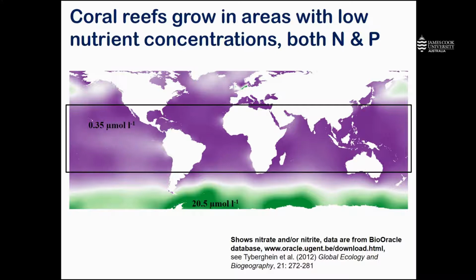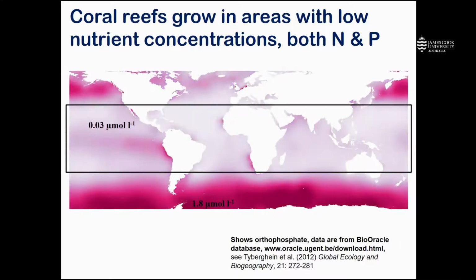Down near Antarctica, we see much higher levels of nitrogen, around 21 micromoles per litre. We see exactly the same pattern for phosphorus: at the equator we have very low levels, whereas near Antarctica the levels are much higher.